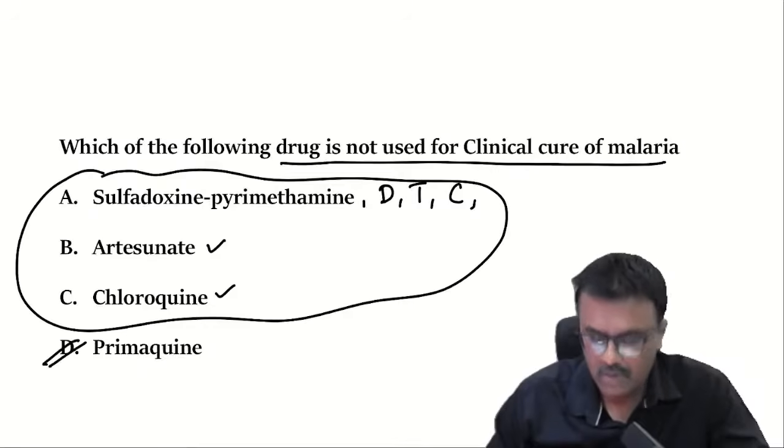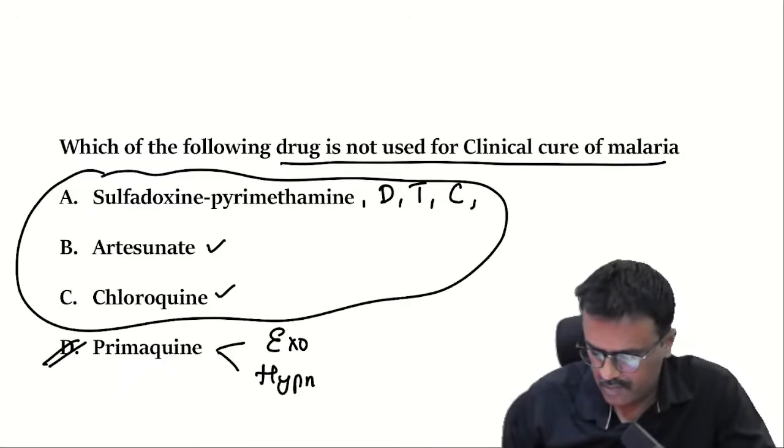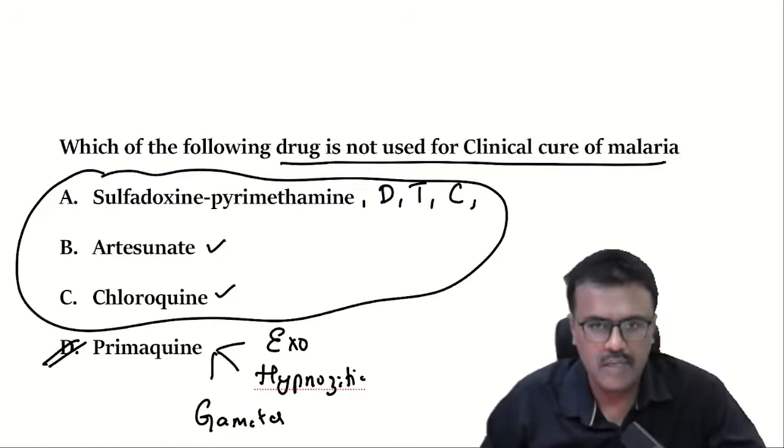Primaquine is not going to cause clinical cure. It can act on the exoerythrocytic stage, the hypnozoite stage, and gametes. So it will never act on the erythrocytic stage, which is why it will not give clinical cure.